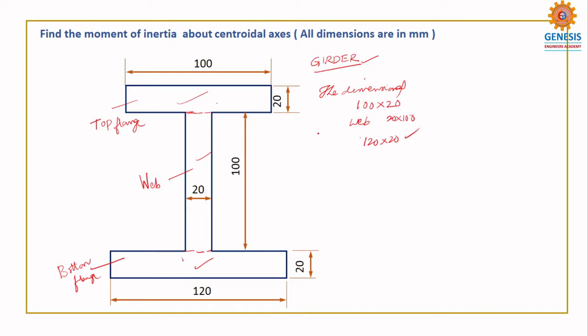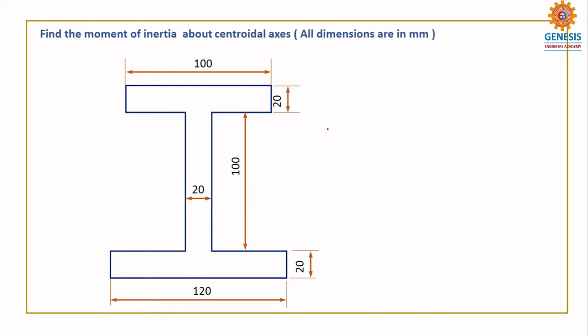Before finding the moment of inertia, you have to find the center of gravity. To find the center of gravity, first we have to calculate the areas and individual centers of gravity. As I said earlier, this is a composite section of top flange, web and bottom flange.